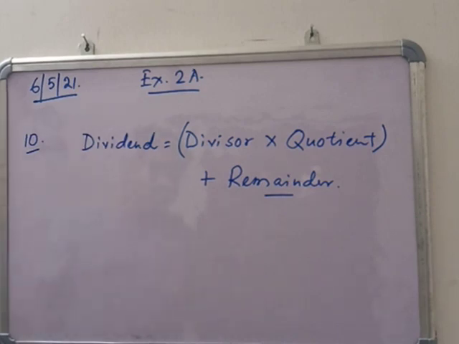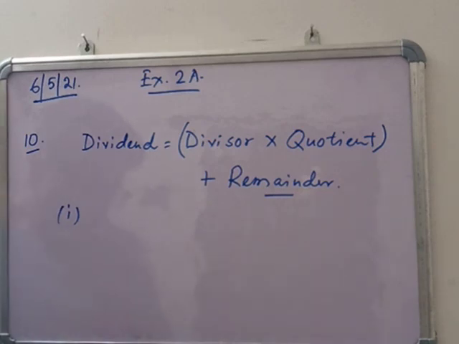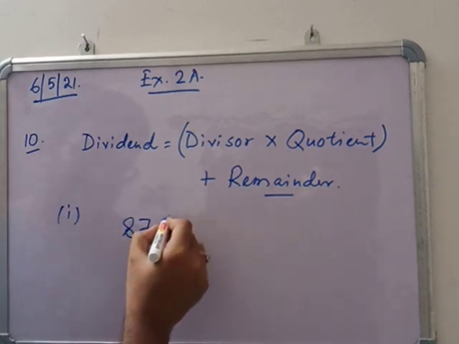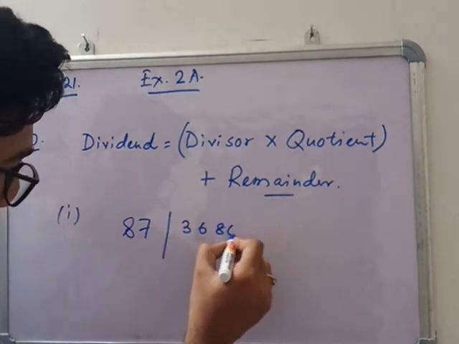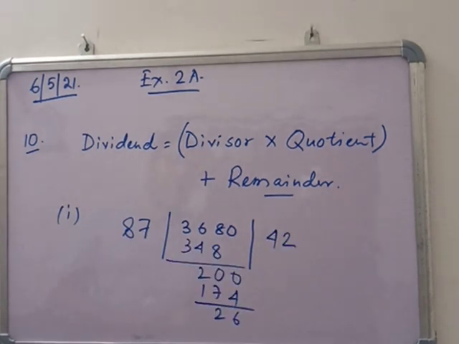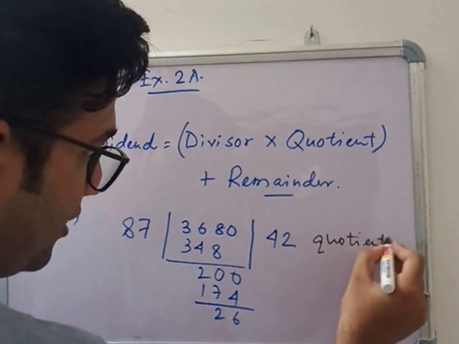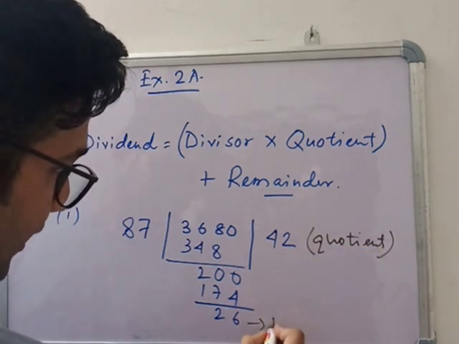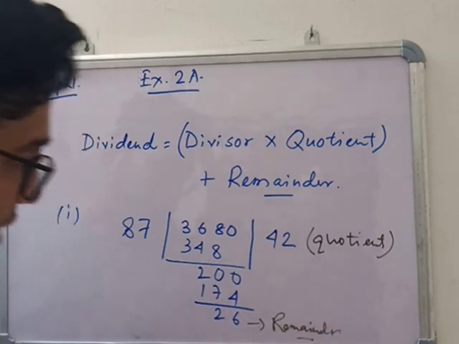Now see that in number 1, 3680 is divided by 87. After division we get 42 as quotient and 26 as remainder.